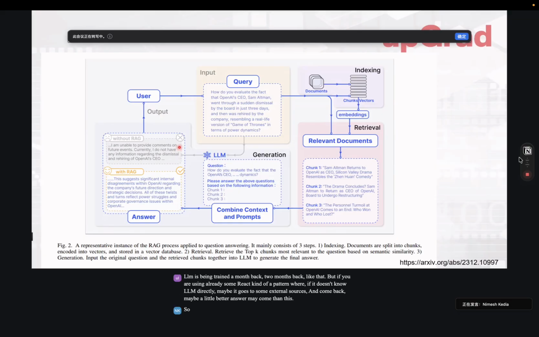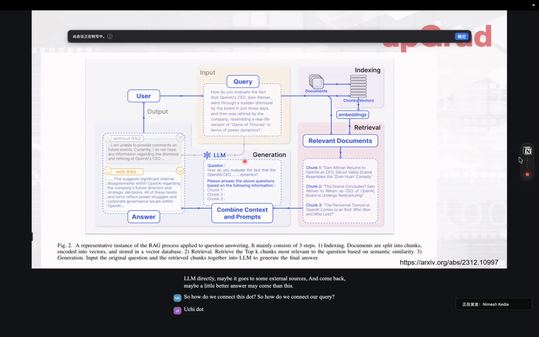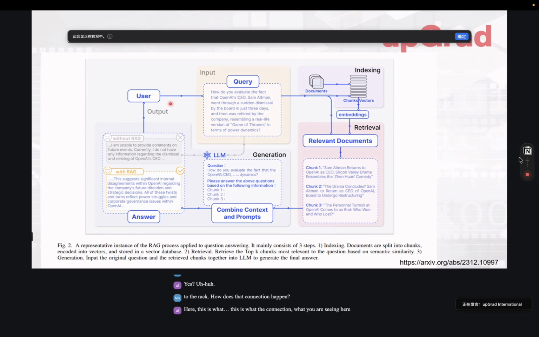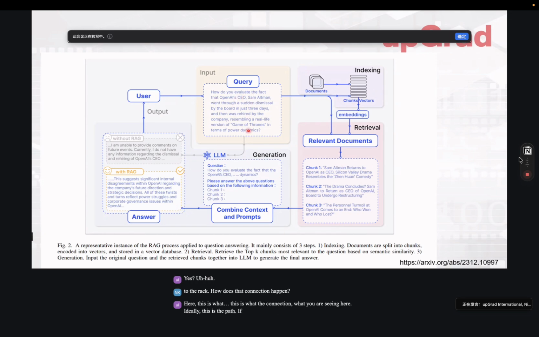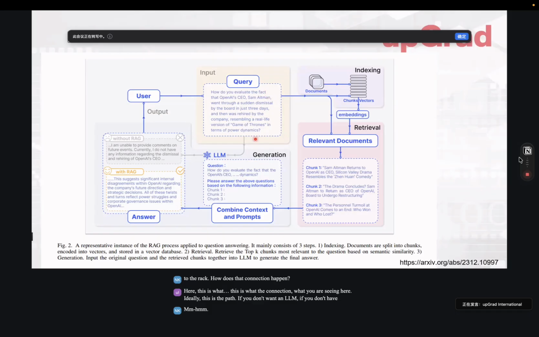So how do we connect this dot? How do we connect our input query to the RAG? Here, this is the connection you are seeing here. Ideally, this is the path. If you don't have RAG, this is the only path. The dotted line, if you can see here, the query is coming directly to the LLM and completing it.